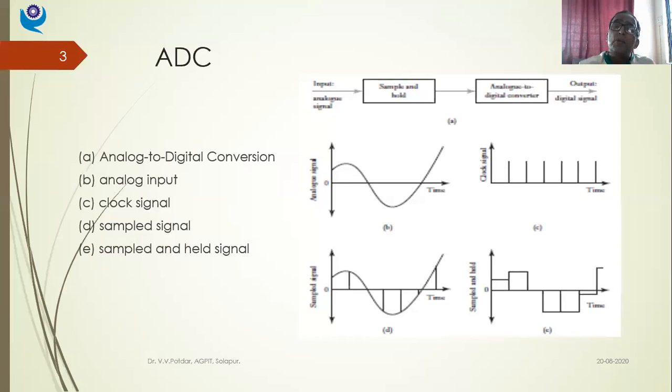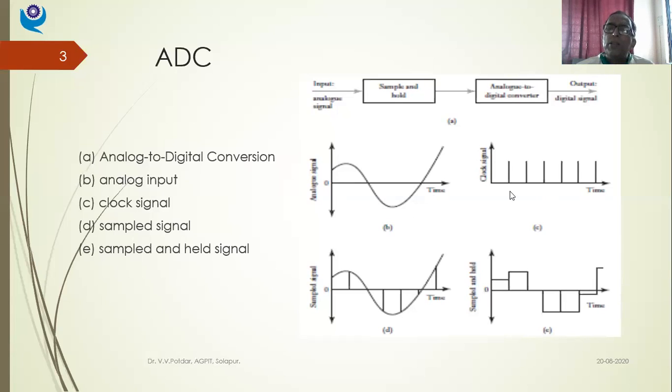Now this analog signal is superimposed by these pulses, right? So for a given duration of time, maybe some milliseconds, these pulses are sampling my analog signal. This much analog signal is sampled for a certain period of time. So how is it sampled?